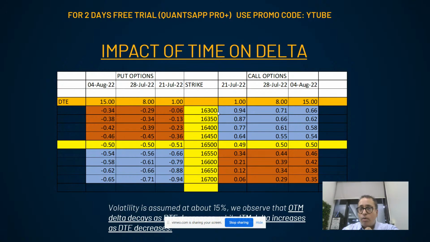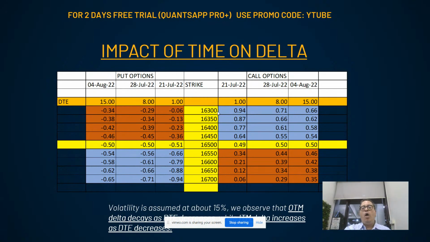Why is that so? Well, you ought to understand that the 4th August 16300 strike price option is 0.66 because the probability of that coming in the money is a little while from now. There's a lot of time left. So there could be volatilities, there could be swings.